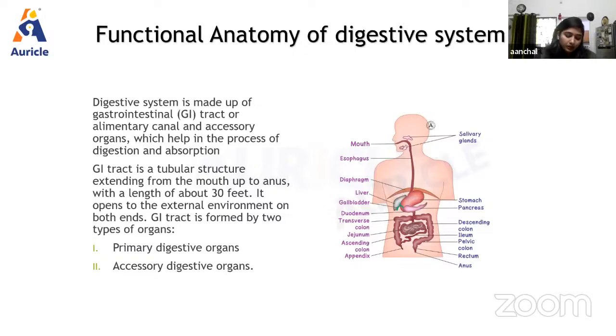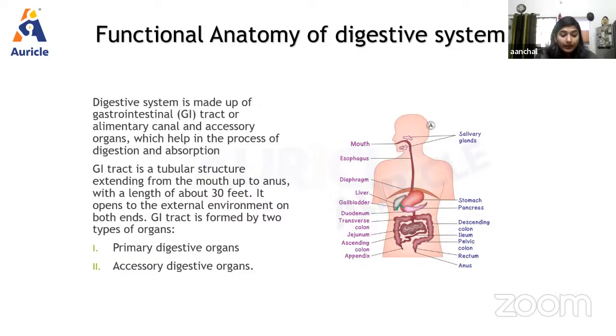From the stomach, the food passes into the small intestine, the first part being the duodenum, which is 25 centimeter long and shaped like a C structure. The remainder of the small intestine consists of the jejunum, which is 2.5 meter long, and the ileum, which is about 3.5 meter long.